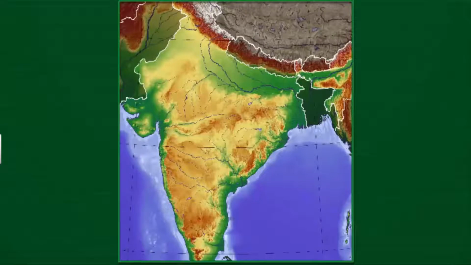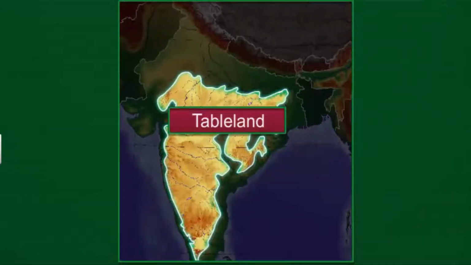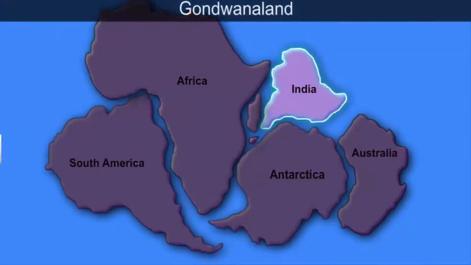As you may know, plateaus are also called tablelands. The Peninsula Plateau is also a tableland. This tableland was formed when Gondwana land broke and the pieces drifted apart.